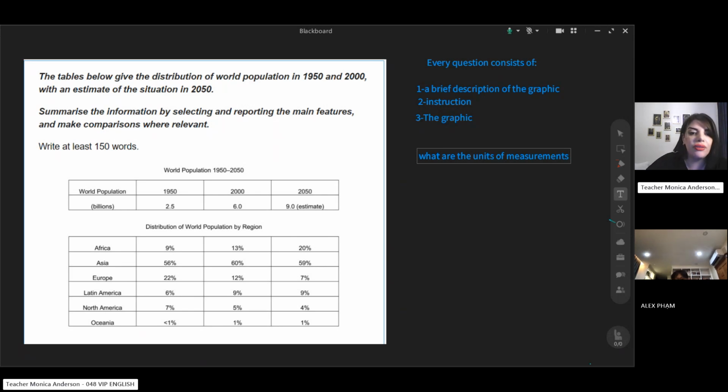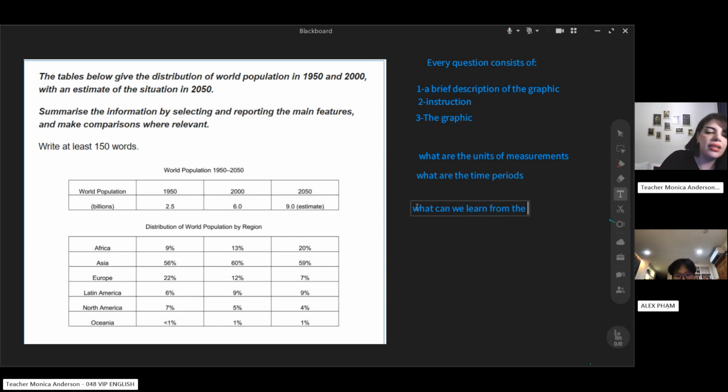What do we have here? We need to check it. If we have a time period, what are the time periods? And what can we learn from the title and any labels?